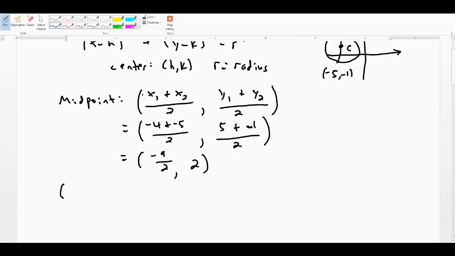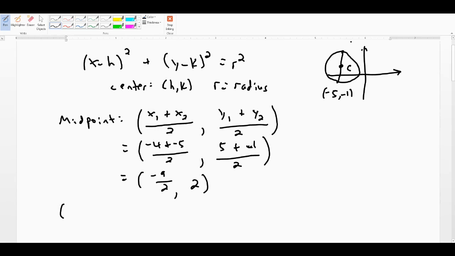So as of right now, this standard form now becomes (x minus -9/2), because once again the center is the same as the midpoint. So we just found the center, which means we just found our h, we just found our k. So that's what I'm doing.